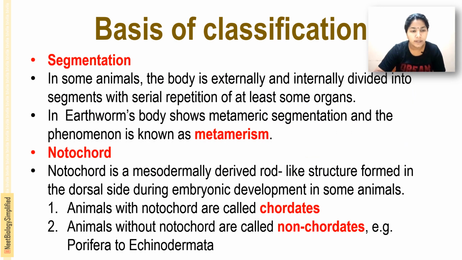Next is segmentation. In some animals, the body is externally and internally divided into different compartments or segments with a serial repetition of at least some organs, not all organs, at least some organs repeating in every segment.